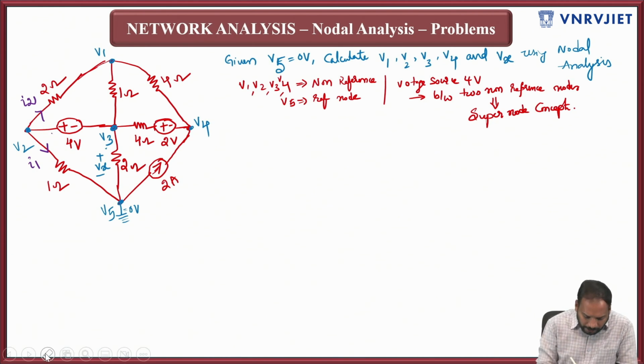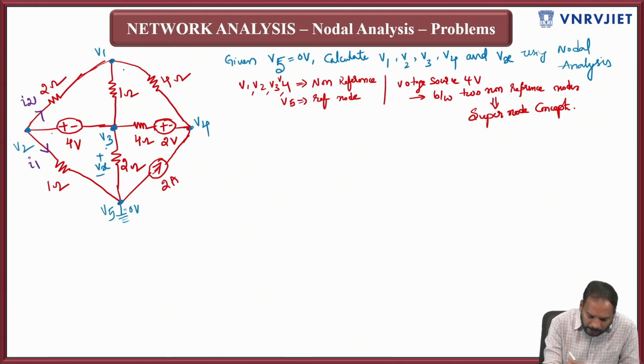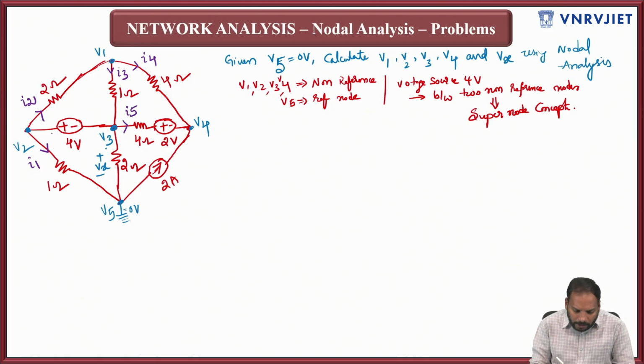Going ahead, you can take this as I3, this as I4, and this as I5. Next, this as I6, and lastly, can I take this as I7?